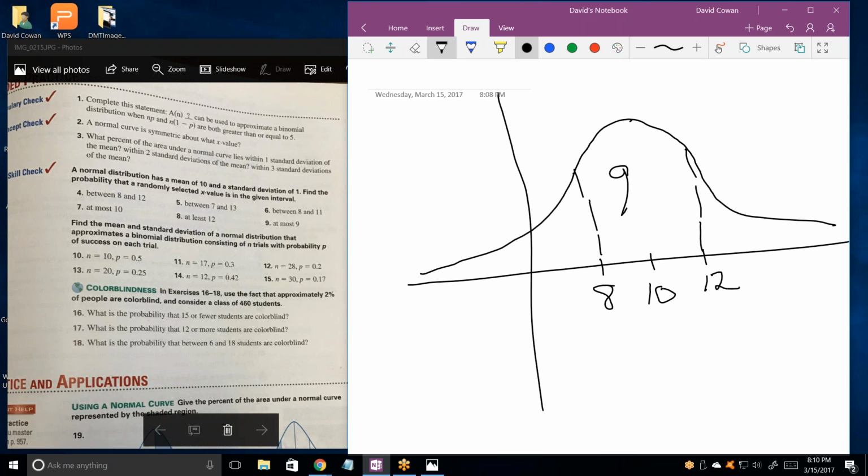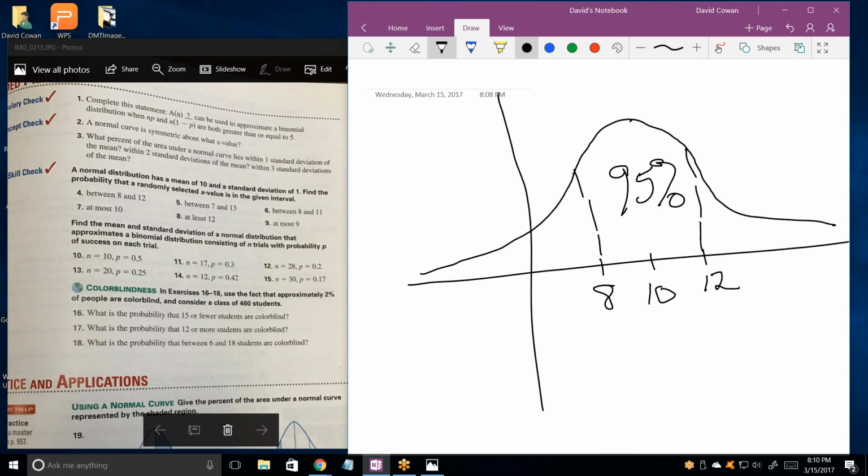This is 95%. And that means that the probability is 95% that you'll pick a number between 8 and 12. Only 5% of the numbers are going to lie to the left of 8 or to the right of 12. That's how you do these problems.